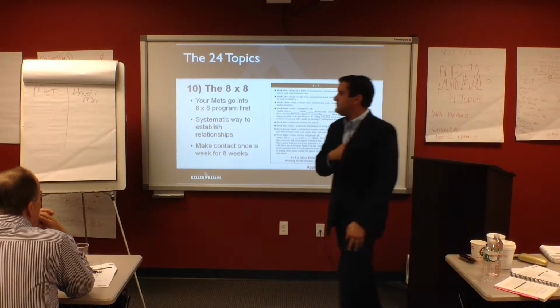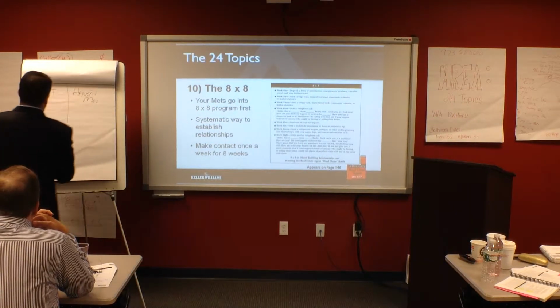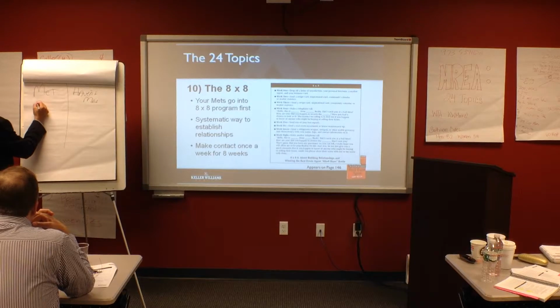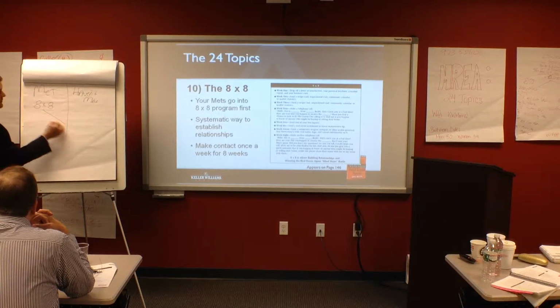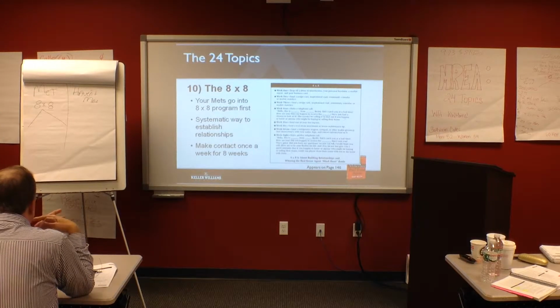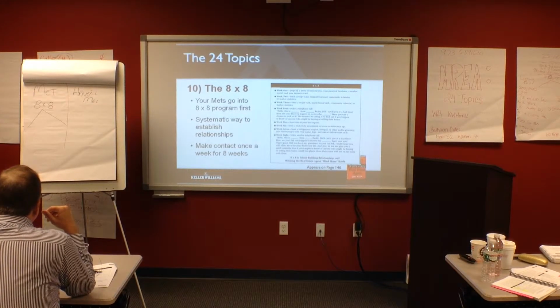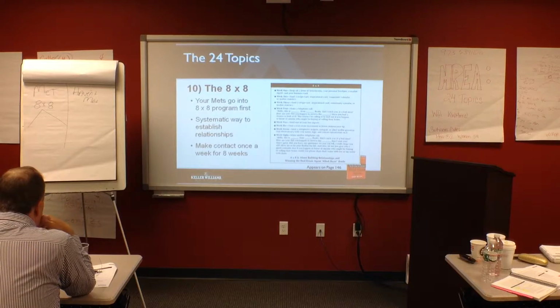So the concept here is, once I meet someone, if I put them on an 8x8, 8 touches over 8 weeks, after 8 weeks, I've got a decision to make. Did I develop some type of relationship with this person? Was there some back and forth? Did they email me back? Did they text me back? Did they call me? Did they accept my friend request to be in touch?